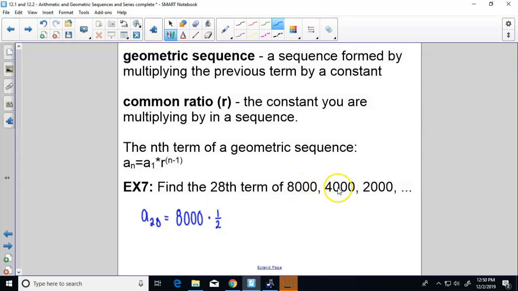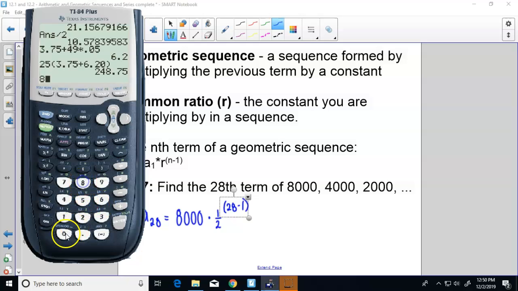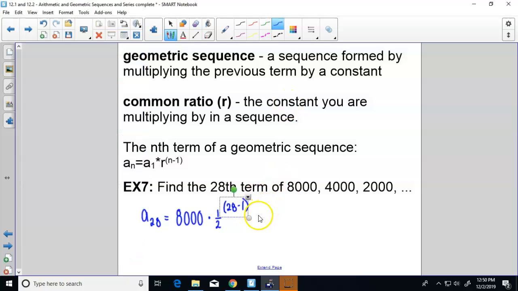Now, it looks like it's division, and it is, dividing by 2, but we have to have a number we can multiply by. So we've got to make that 1/2 to the 28 minus 1. So whenever we type this in, we're doing 8,000 times 1/2 to the 27th power. And when we do that, we get this really, really awful looking number.